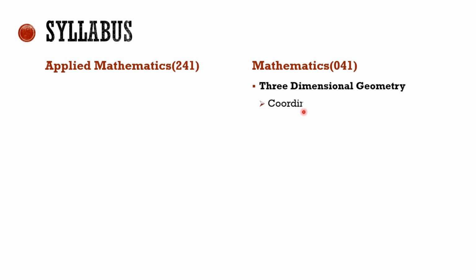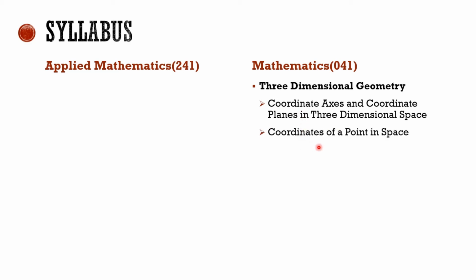Three-dimensional geometry is given in mathematics, with topics covered here: coordinate axes, 3D plane, coordinates of a point in space, distance between two points, and also section formula, which is not given in applied mathematics.